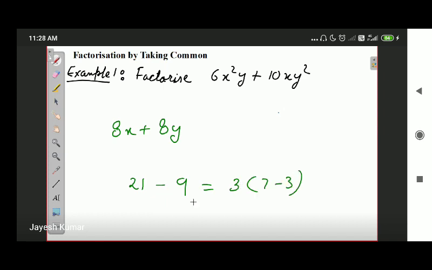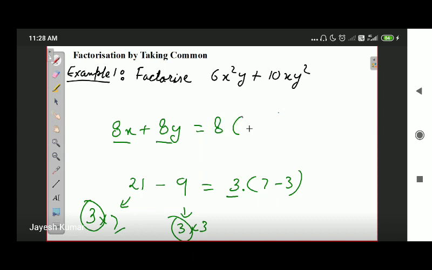We can write that 21 is 3 into 7, 9 is 3 into 3. What we have done is we have taken 3 as common. So after taking 3 as common, we write 3 outside and the remaining numbers inside along with their sign. We are going to do the same kind of thing with polynomials. Out of 8x and 8y, I can take 8 as common. The remaining part I put in the bracket.